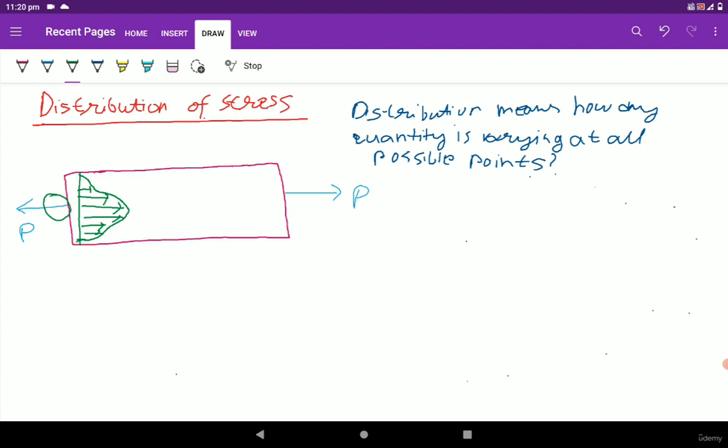So this is near the concentrated load, that is near the concentrated load P. So the distribution looks something like this, and away from the load it has uniform distribution.